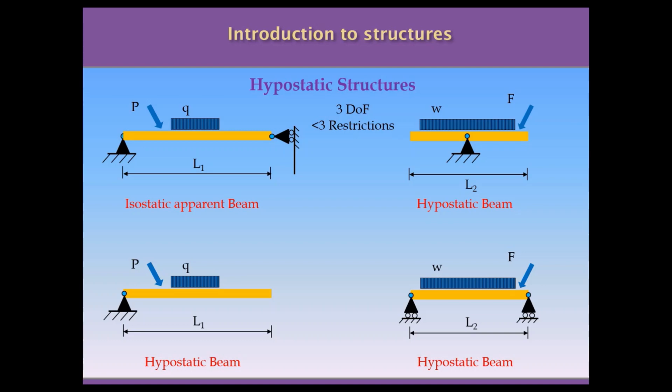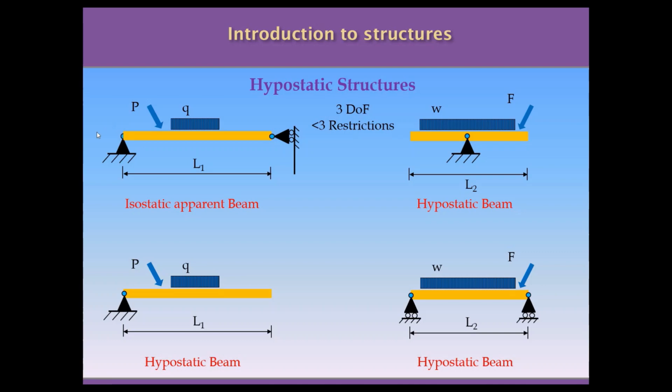There are other types of structures called hypostatic structures. These structures suffer the opposite situation to the hyperstatic structure. In this case, we have fewer restrictions than are necessary to keep the structure static, let's say, so in equilibrium, stable, fixed in the space. For example, there is a famous example called the isostatic apparent beam.